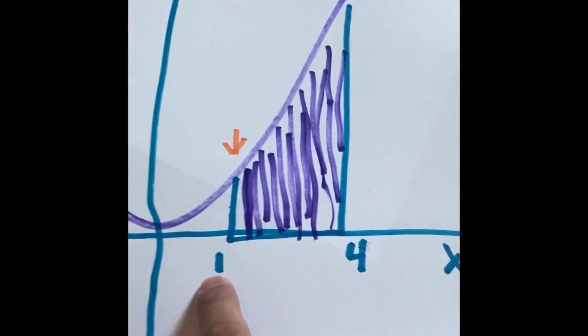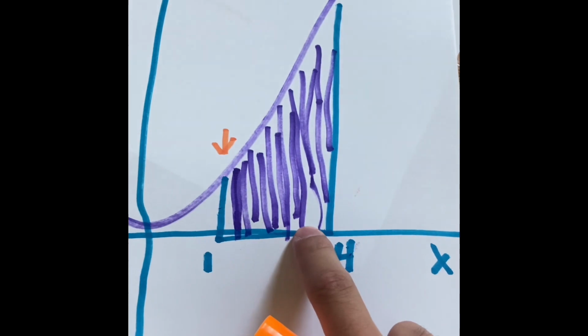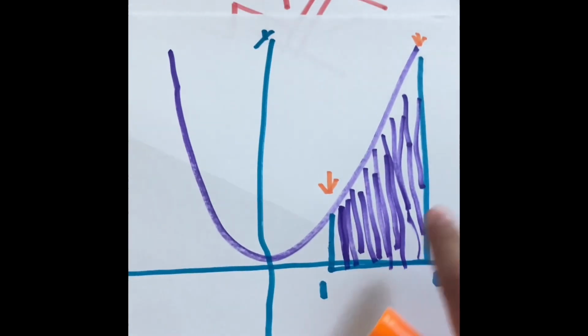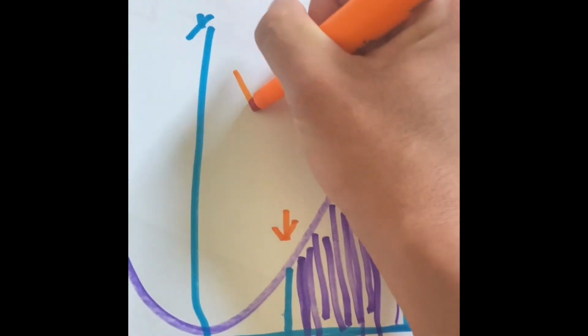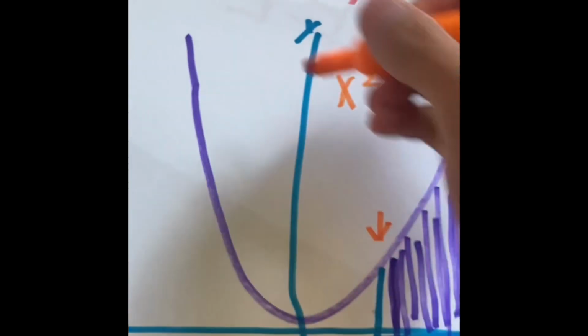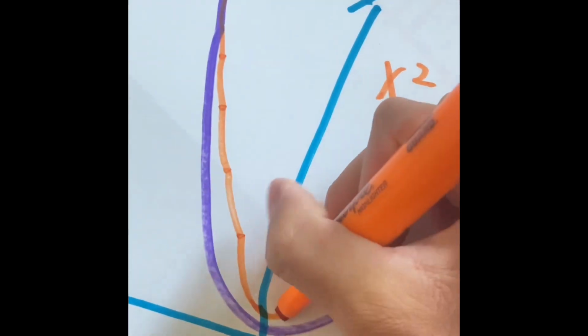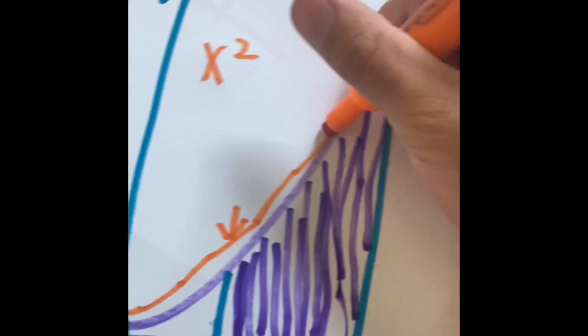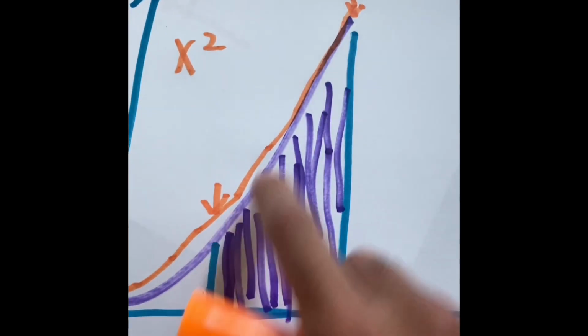Not only are the 1 and the 4 and the integral limiting the workspace, your function is also working on the workspace, or trapping it in. Here is x squared. Right here, this U shape, a parabola, is also limiting the workspace. It's limiting this part, which makes a curve.